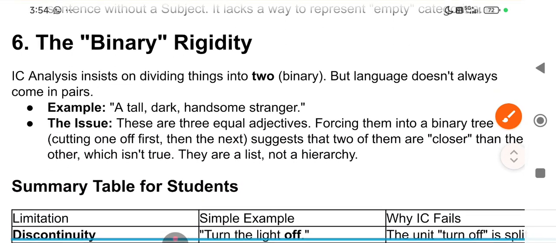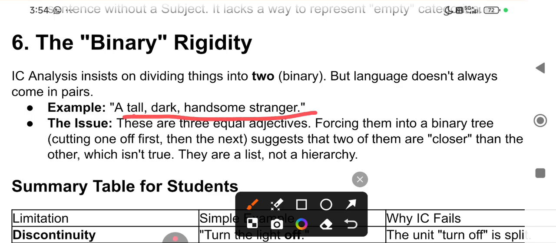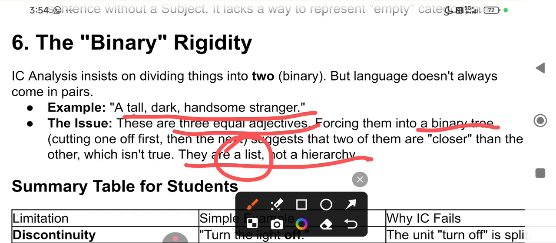Then last, that's binary rigidity. If you use a number of adjectives and all adjectives are used for one person, so all are equal. But here IC analysis separates them because it's forcing them into a binary tree, it's based on a binary tree, and that is why the list is disturbed, and that is a list, that is not hierarchy.